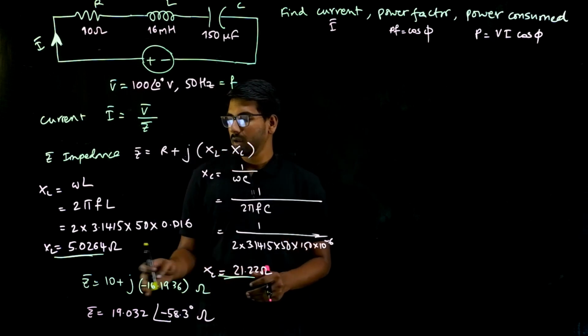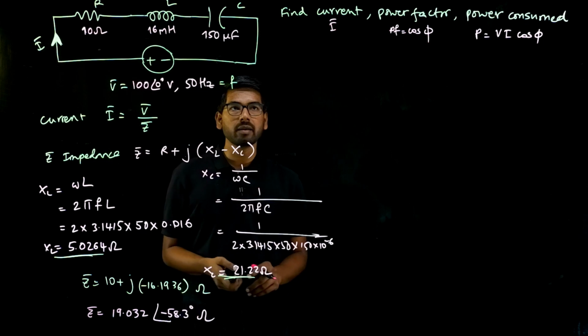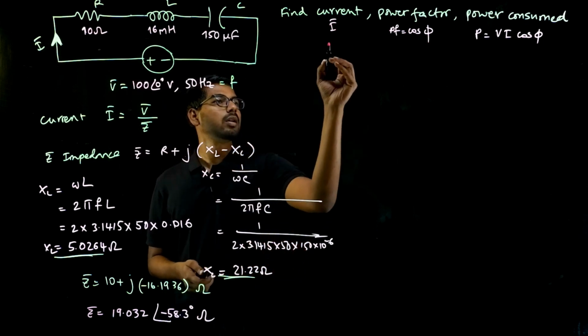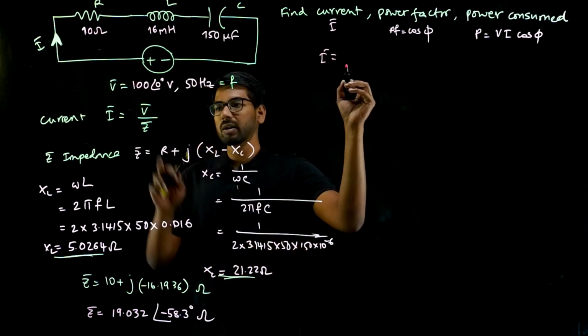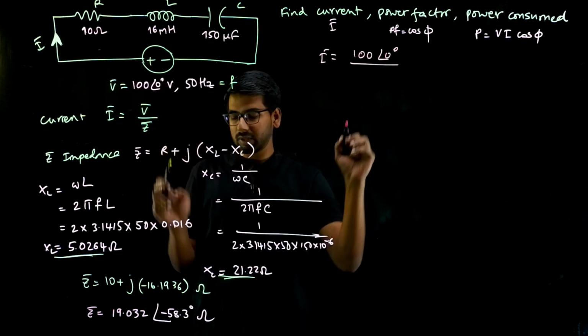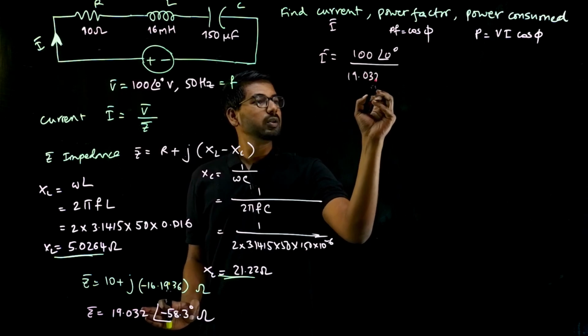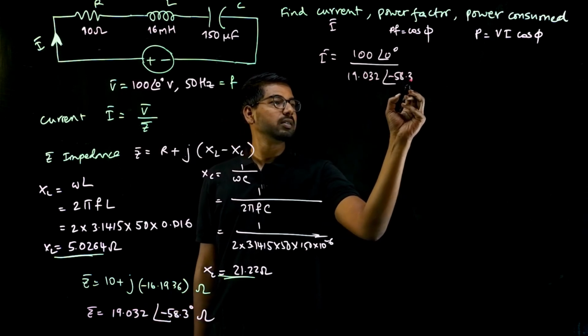Okay, so now that we found Z bar and we already know V bar, let's find I bar. I bar is equal to V bar by Z bar. V bar is 100 at 0 degrees divided by Z bar, 19.032 at minus 58.3 degrees.